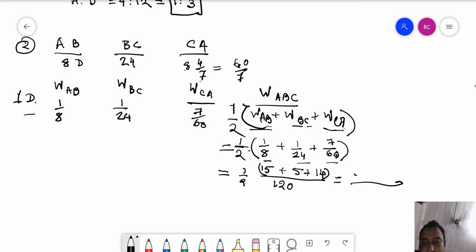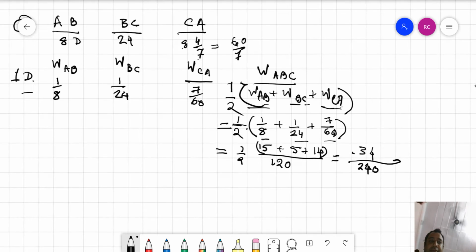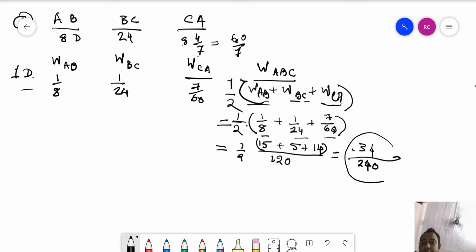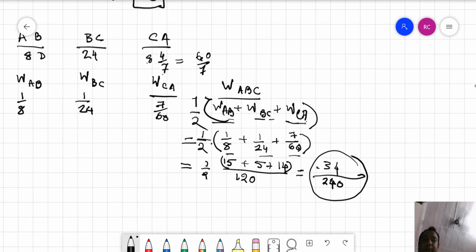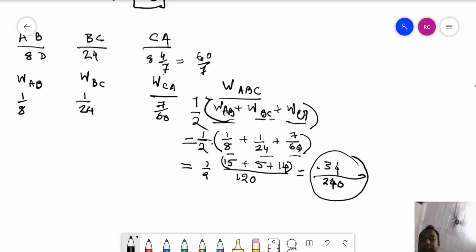So you get 240 at the bottom and 34 at the top. So this is the amount of work done by A, B and C in one day. So W of A, B and C is 34 by 240.